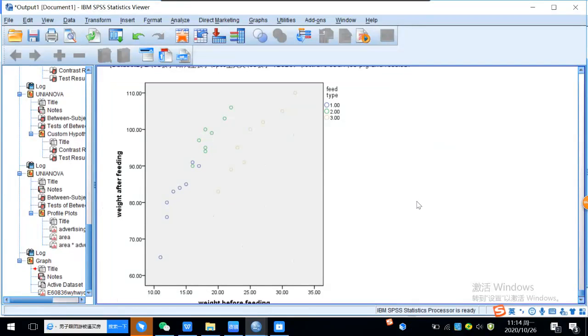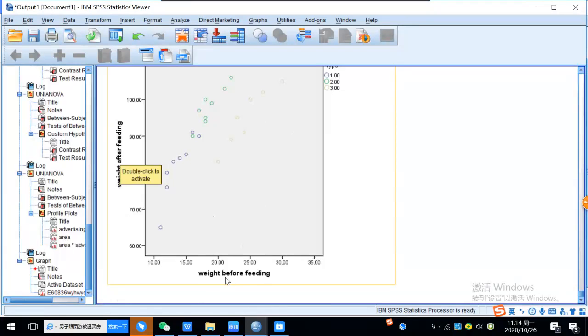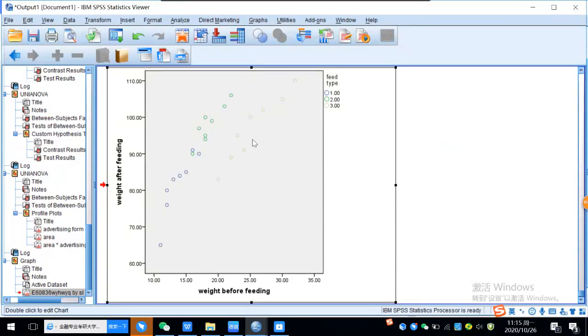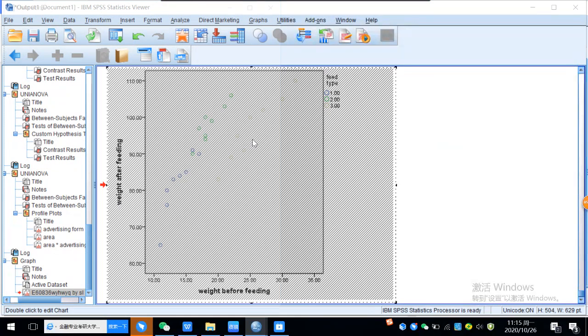Now we can see the weight after feeding and the weight before feeding. The x-axis is weight before feeding and the y-axis is weight after feeding. Because it's hard to see the marks, we can change the color of the marks. I double click.